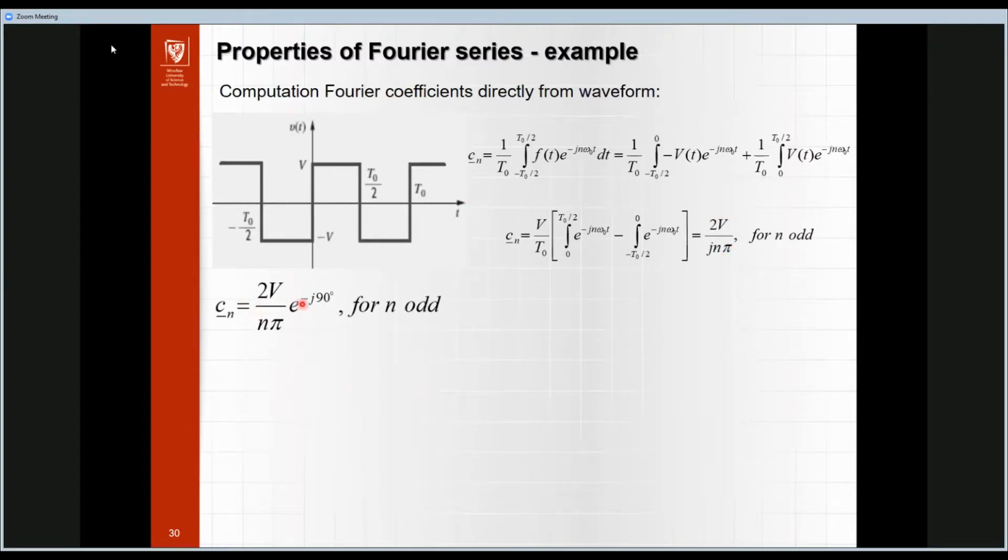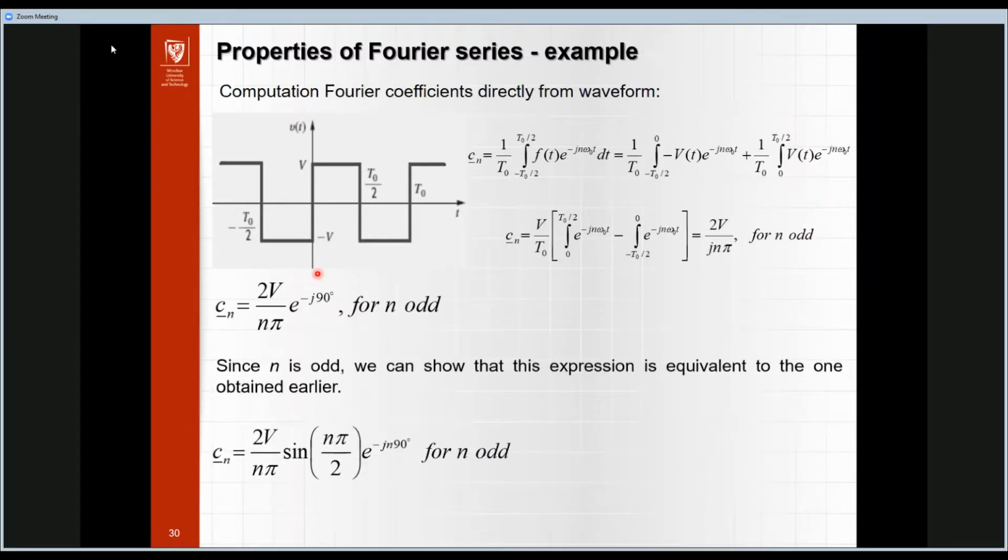In these coefficients we have the j, and this j I write as e to the power minus j 90 degrees. Since n is odd, we can show that this expression is equivalent to the expressions which we obtained earlier.